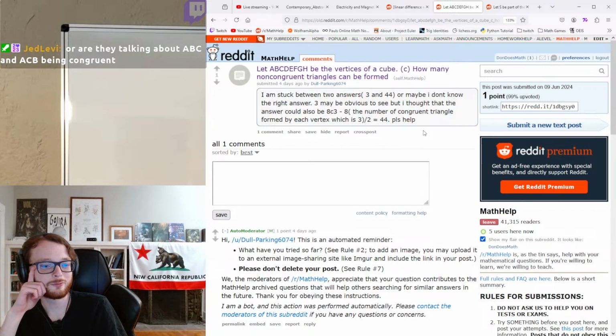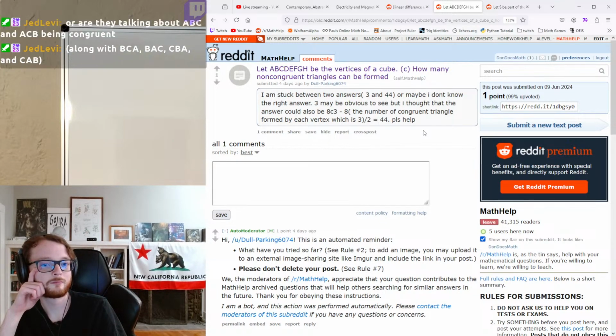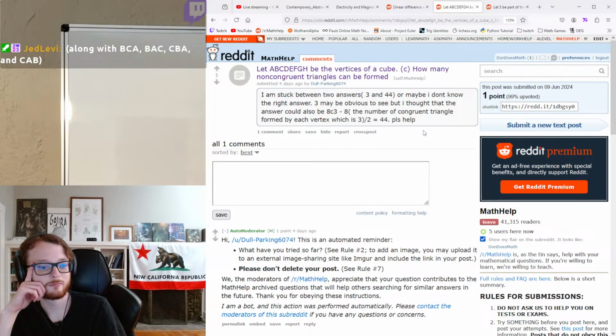By non-congruent, I think congruent usually means all angles and all sides are the same. The entire shape can be rotated, but they would still be congruent. I guess rotated or flipped.